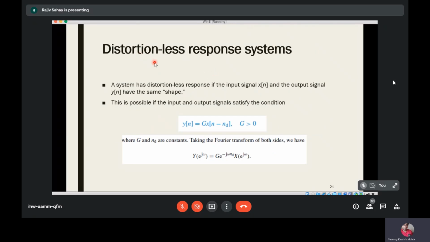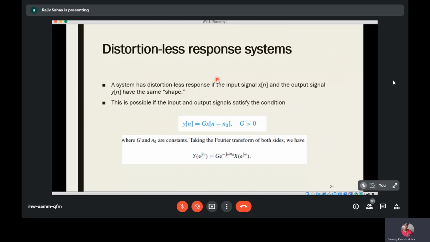So for an LTI system which preserves the input signal, what is the mathematical condition that we should impose? For distortionless response, the system has to make sure that the shape of the input signal is preserved. The main idea is that the output signal should look similar to the input signal's shape.